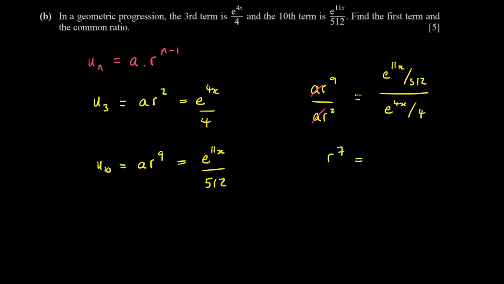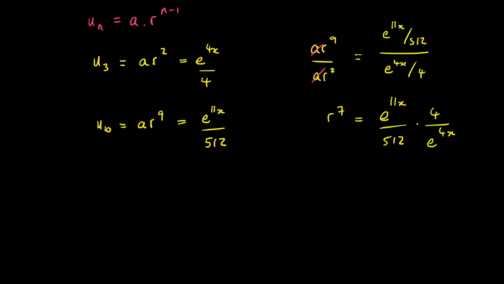And I'm just going to write this division really carefully so people can follow. e to the power of 11x over 512 multiplied by 4 over e to the 4x, right? Because when we're dividing fractions, we can take the fraction on the denominator, flip it, and multiply. So instead of dividing by e to the 4x upon 4, we're multiplying by 4 divided by e to the 4x.